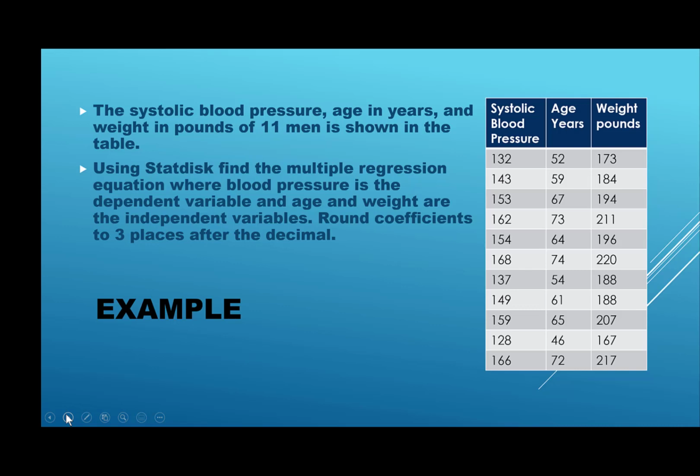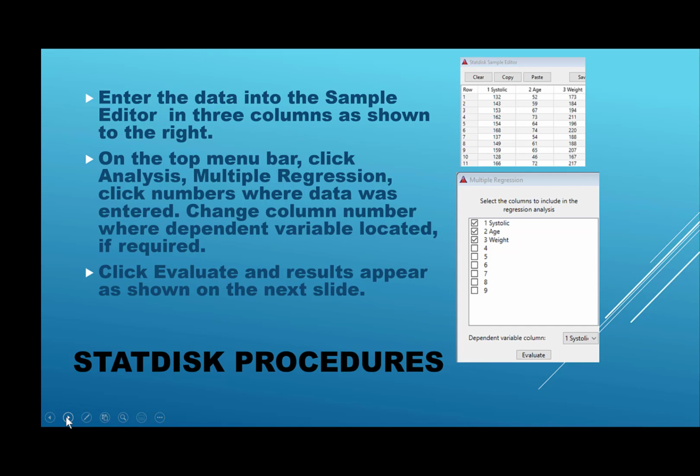So we're going to use Statdisk to find the multiple regression equation relating these three variables, and we will want to round off our results to 3 places after the decimal. So let's look at the procedures that we would use in Statdisk.